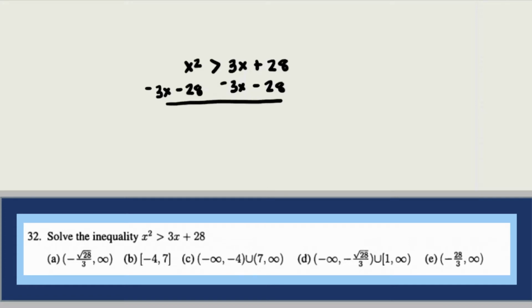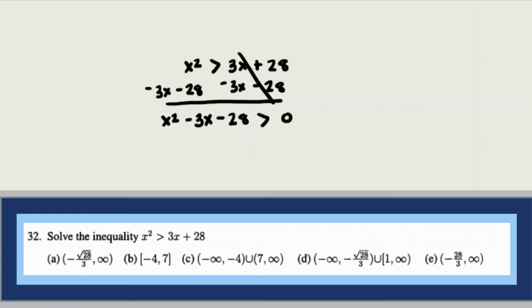And when we do that, this will cancel out, and then this will turn into x squared minus 3x minus 28 greater than 0. Okay, so the next thing we want to do is solve for what x is. As you see, we have a trinomial, so we're going to have to factor this.